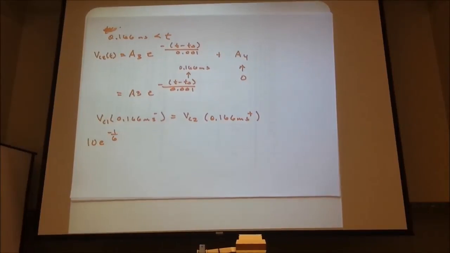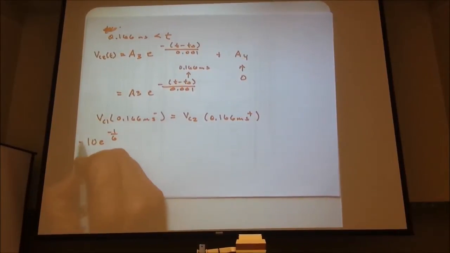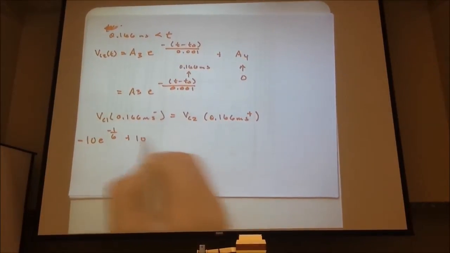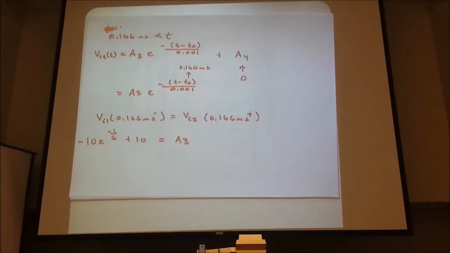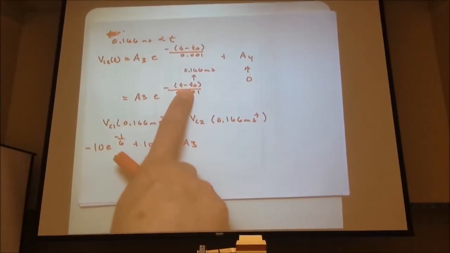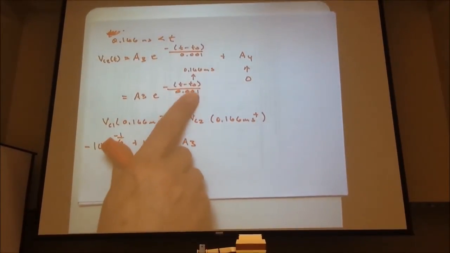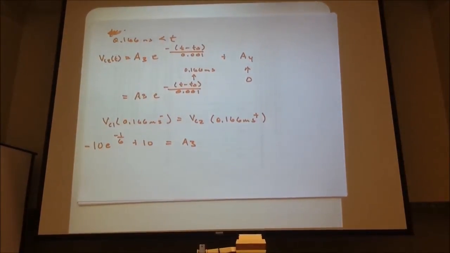You can verify that if you're so inclined. Minus sign, of course. Plus 10 equals A3. Do we agree? We plug in 0.166 here. That argument goes to 0, and we get A3.